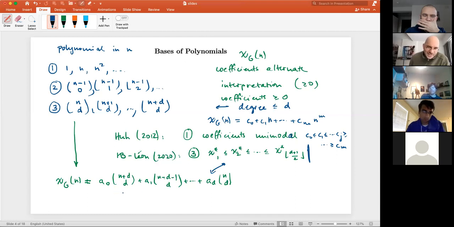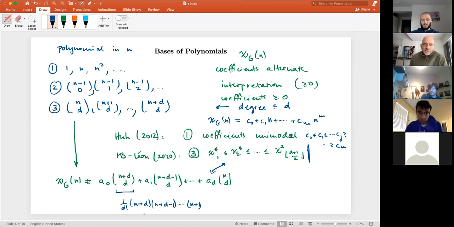Let's look at one of those binomial coefficients as a function of D. Let me write this as 1 over D factorial times n plus D, n plus D minus 1, and so on. And the last term here is n plus 1. I can do the same thing with the other binomial coefficients.